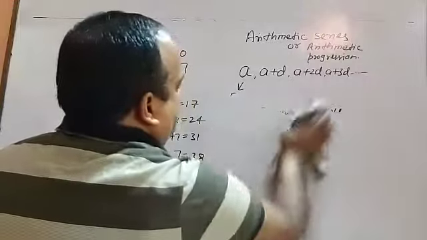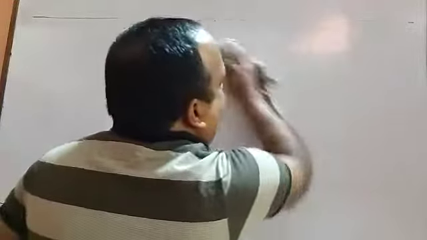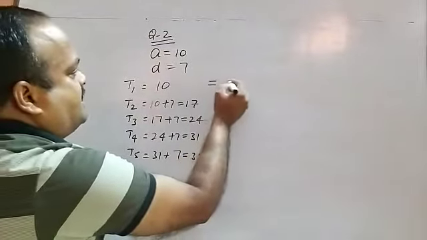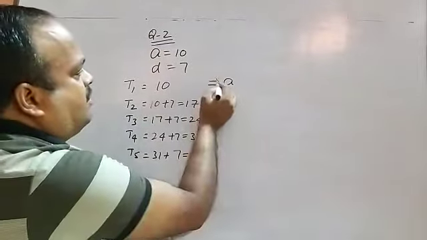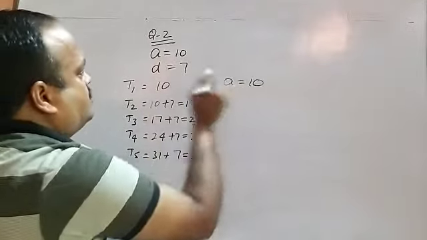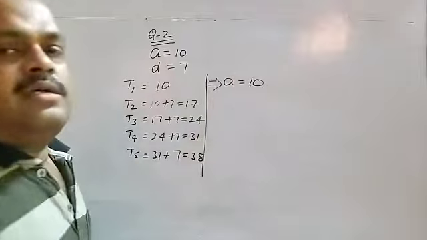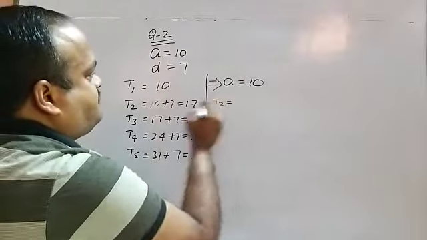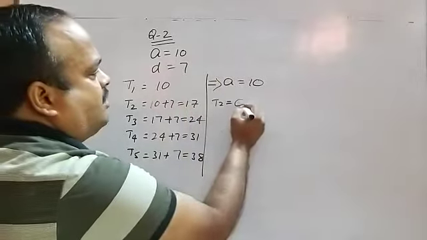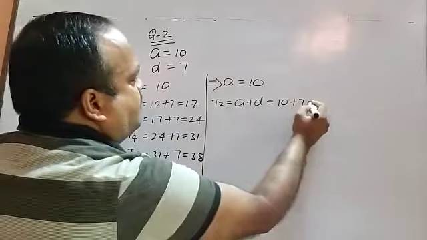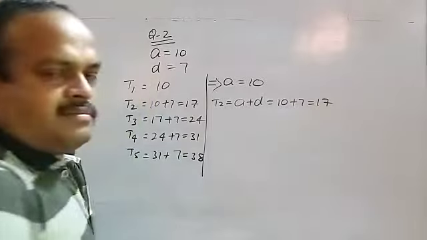Or you can use the formula. Here I am using the formula. The first term is a, and the value of a is 10. So the first term is 10. Second term T2, a plus d. a is 10 plus 7, 17.